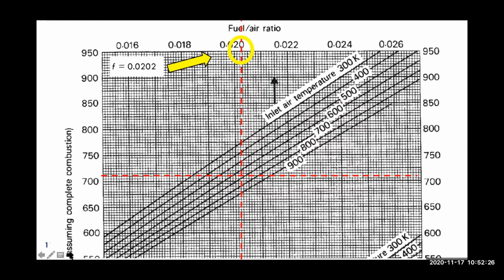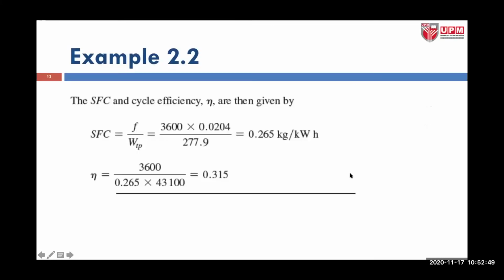So we see here from table 2.17, with the corresponding value of the combustion temperature rise as well as the inlet air temperature, you will get the theoretical fuel to air ratio to be 0.0202, right?